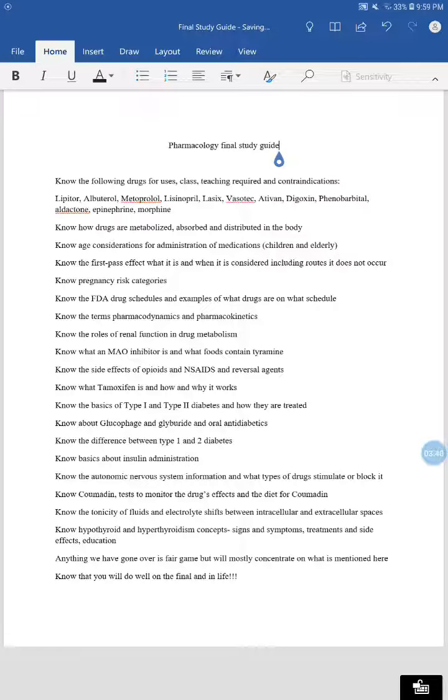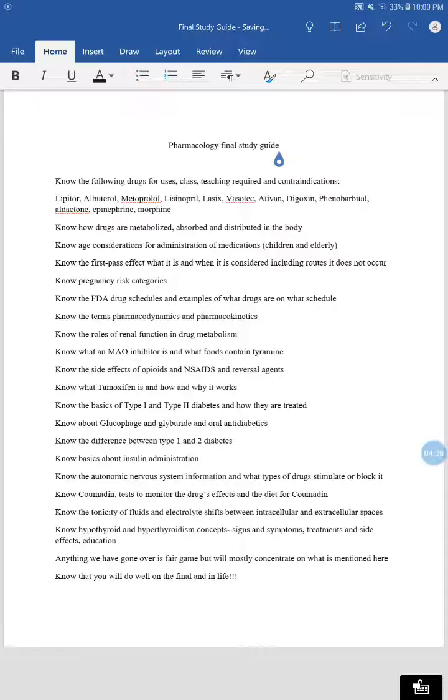So its classification, if there's teaching required, what its use is, and if there are any contraindications to that medication. Know tamoxifen, what it is and how it works, and why we would give tamoxifen. And then what we're really going to concentrate on, these last couple things, is going to be the highest concentration.